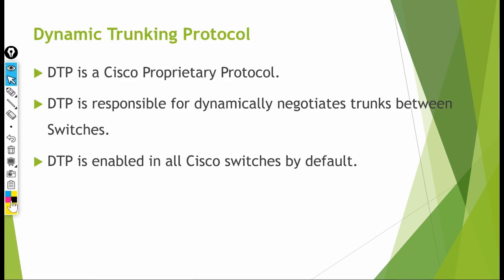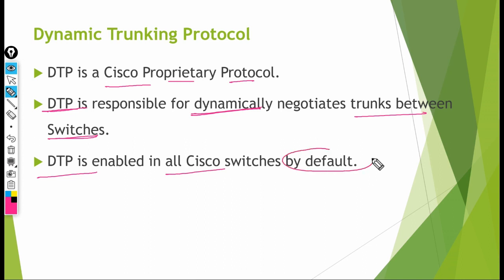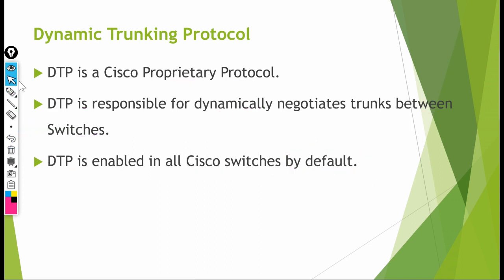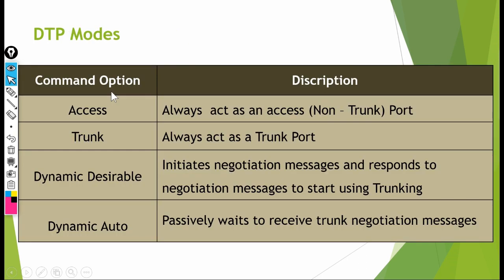So as we discussed, DTP is the Cisco proprietary protocol, and DTP is responsible for dynamically negotiating trunk between the switches. DTP is enabled by default in the Cisco switches.